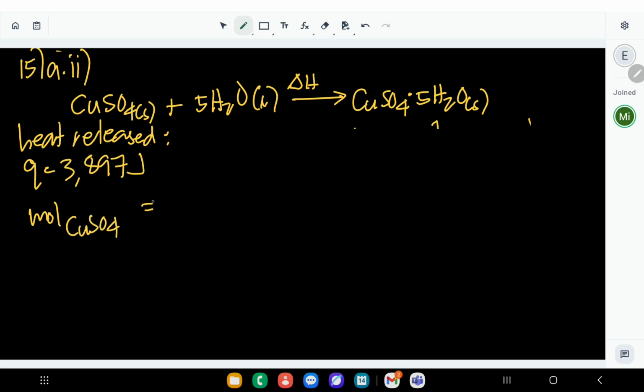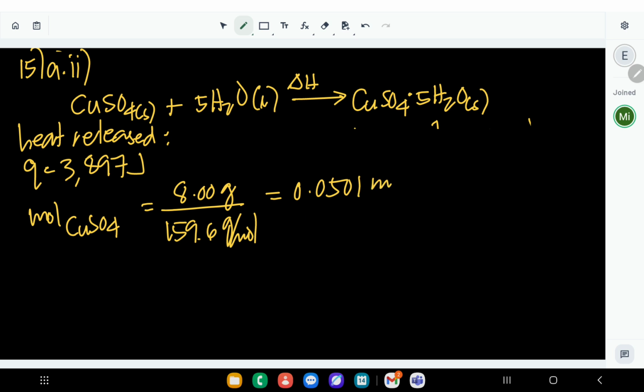Okay, so that would be the mass of copper sulfate, which is 8 grams, divided by its molar mass. So copper plus sulfur plus 4 times oxygen, that is 159.6 grams per mole. So number of moles is 0.0501 mole.